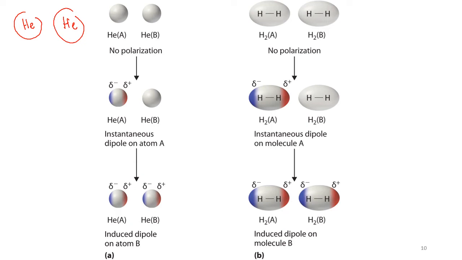But at certain point, okay, dalam atom helium tu sendiri, the electron can be bertumpu at one side. So you can see one side here, partially negative because all the electrons are focused on this side. So dekat another side here will be less electron.